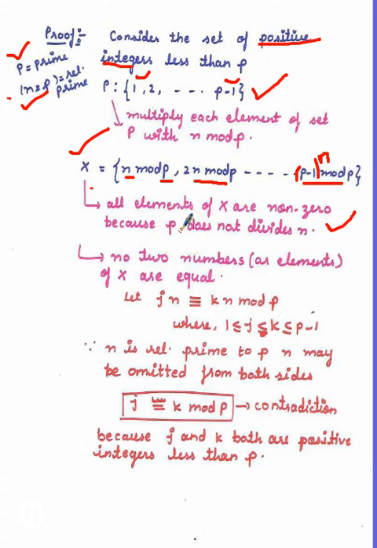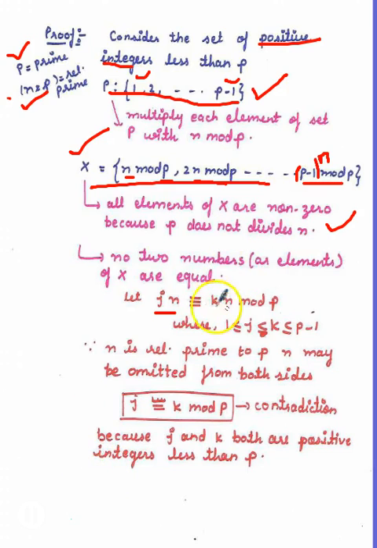Now the second fact is that no two elements of set X are equal. For example, if we take two elements of set X that are equal, it means Jn is congruent to Kn mod p, meaning Jn mod p is equal to Kn mod p, where J and K are elements from this set P, and Jn mod p and Kn mod p are elements of this set X. Now n is relatively prime to p, so we can omit the n because p does not divide n.